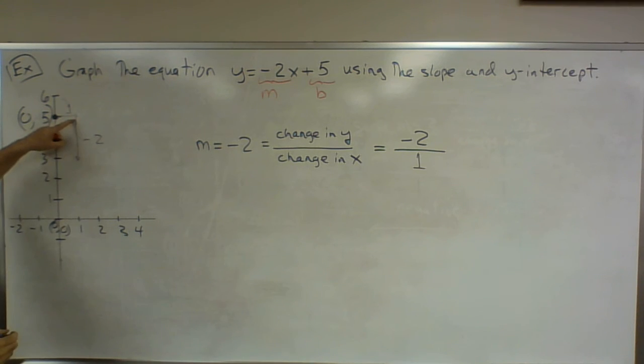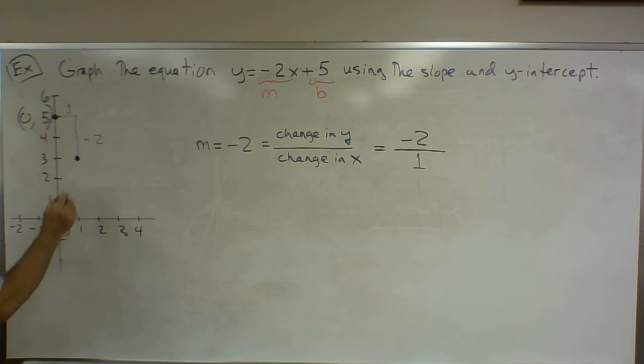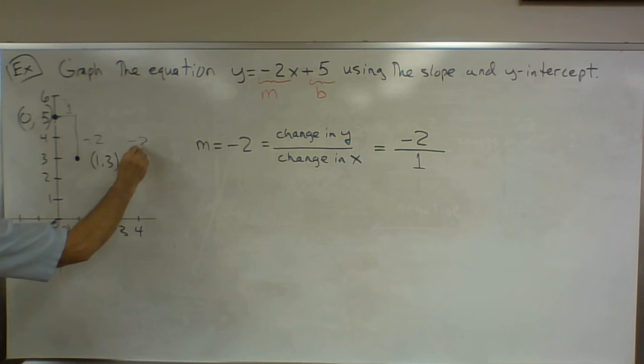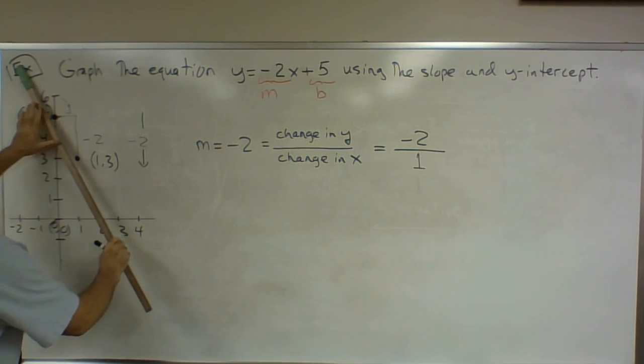Over 1 unit in the positive x direction, down 2 units in the negative y direction. And we have our second point. So we went -2 units from top to bottom. We have our 2 points. Let's connect the son of a gun.